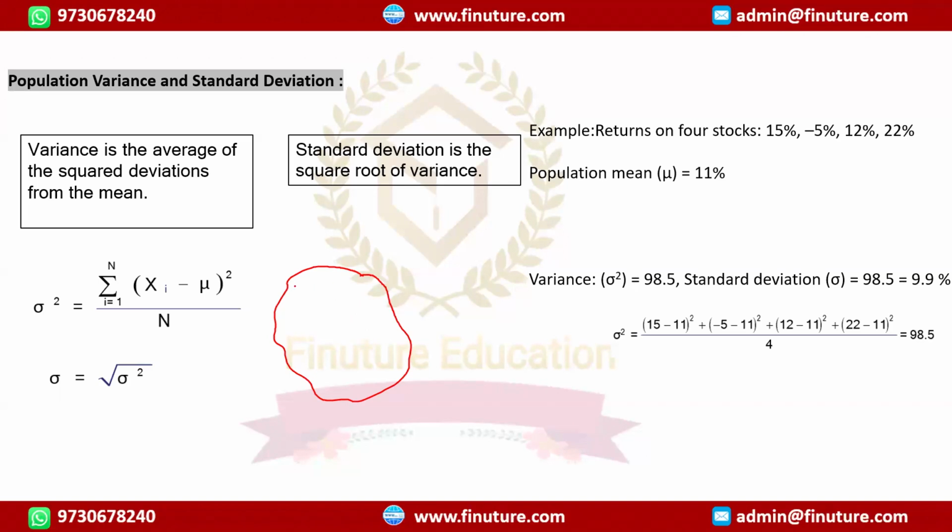You can imagine that on this side of the wooden board it is slightly intense or heavier. The problem statement is that I need to put a needle somewhere so that this board is balanced. Wherever you put the needle, because it's heavier on this side, your mean or the center would be slightly here. You keep the balance over here so that your wooden board is in a static position.